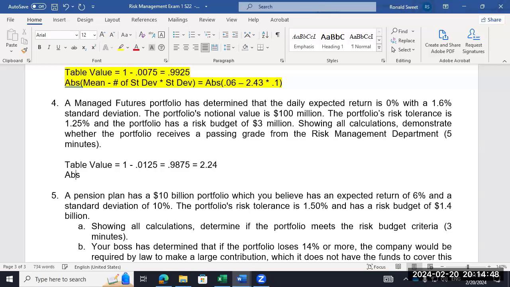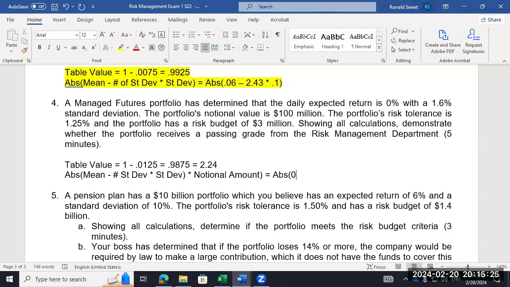And then the formula is the same. It's the absolute value of the mean minus number of standard deviations times the standard deviation. But in this case, we need it in dollars. So you're going to have to multiply it by the notional amount. If I ask for the dollars, you'll have to take that percent you get and multiply by the notional to get it into dollars. So in this case, the mean is what? 0.